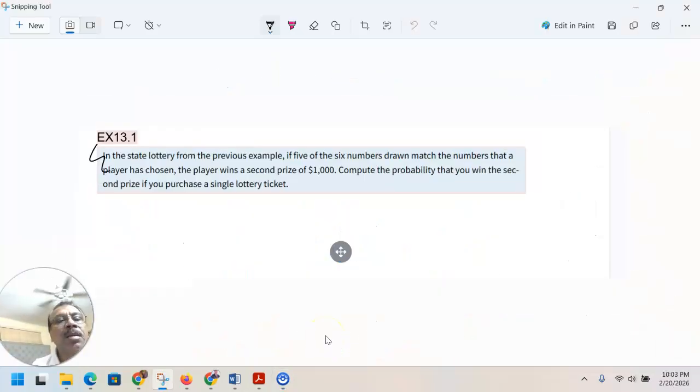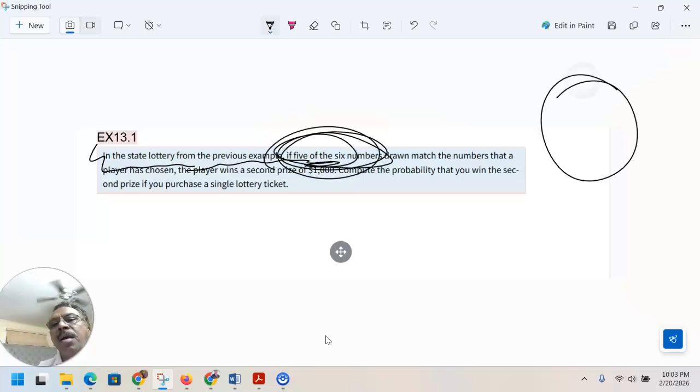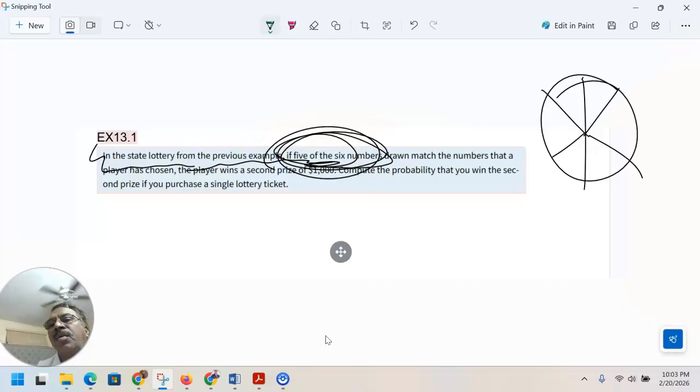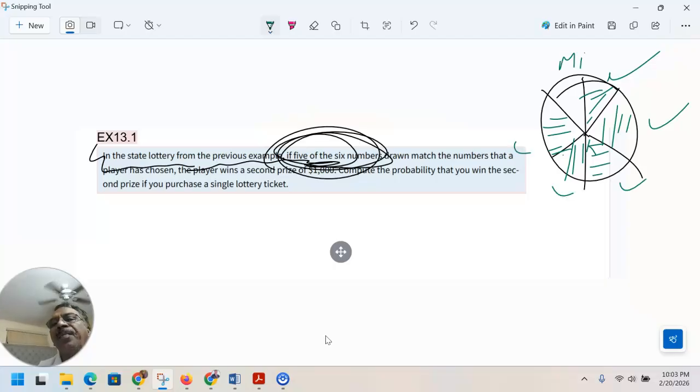Now, in the state lottery from the previous example, I want you to underline this. Let me use a green color to show that you got all these, let's say one, two, three, four, and five correct, but you missed this one.